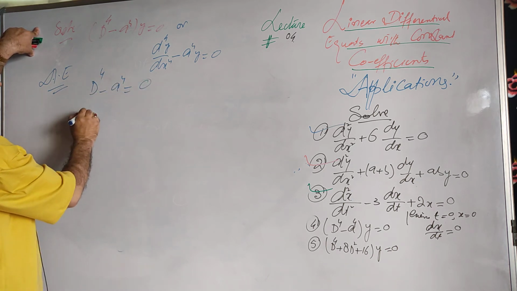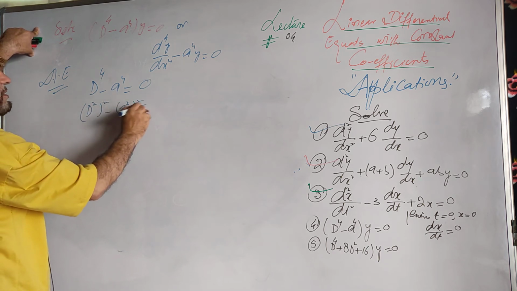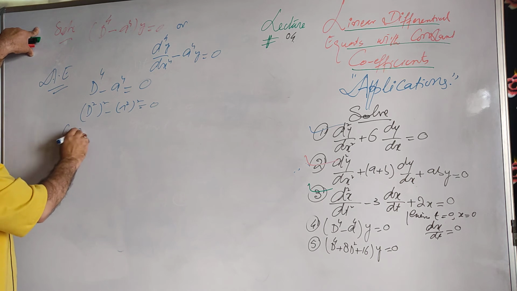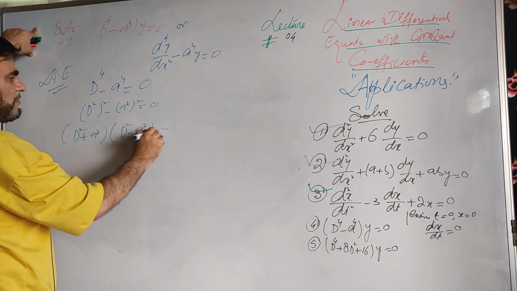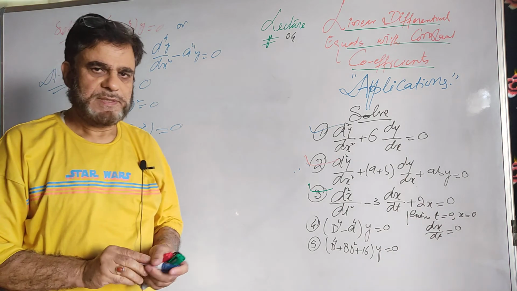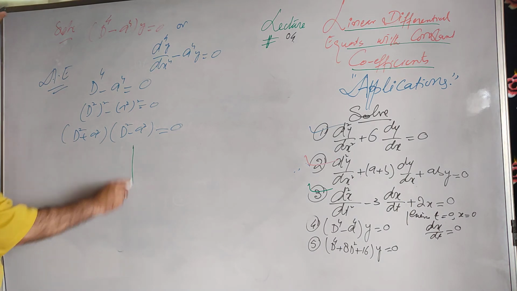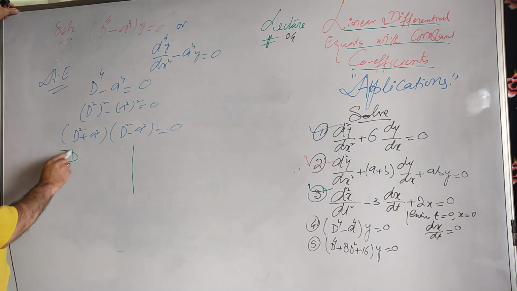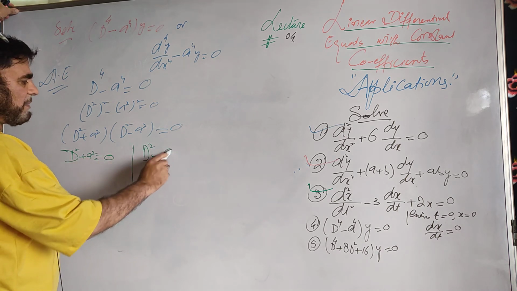I can write the factors here. It is D square whole square minus a square whole square is equal to 0. One factor is D square plus a square into D square minus a square is 0. A square minus b square is a plus b into a minus b. Clear? Let me solve this. This is here D square plus a square is 0 or D square minus a square is 0.